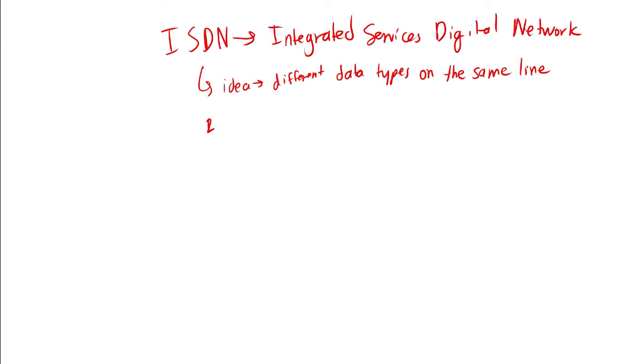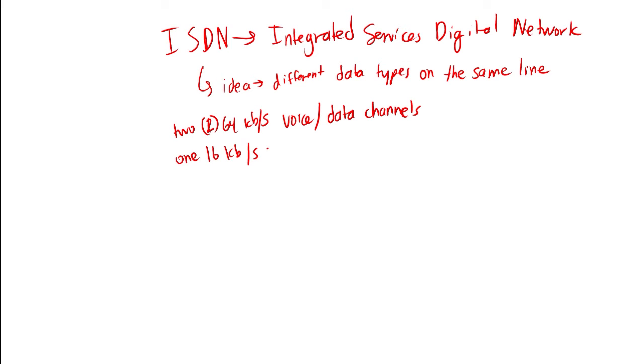So I get two 64 kilobit per second voice/data channels and one 16 kilobit per second signal channel. It's a 144 kilobit per second channel.